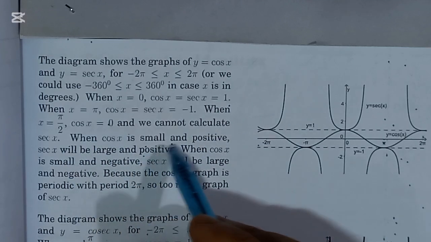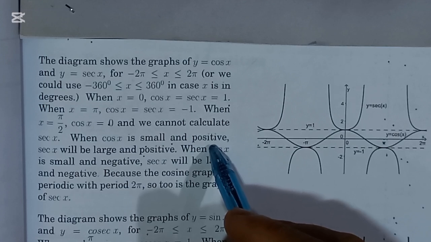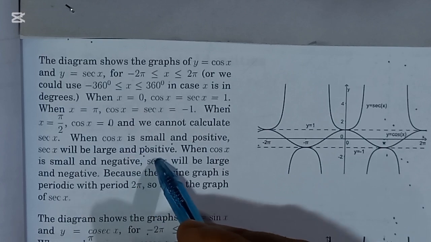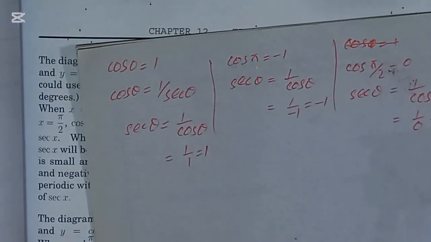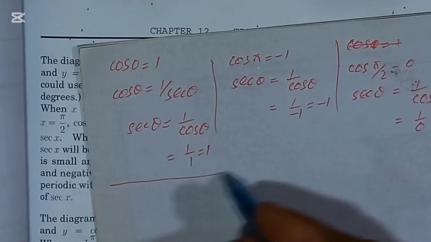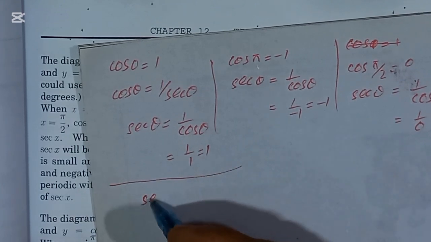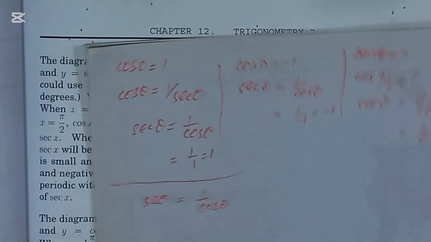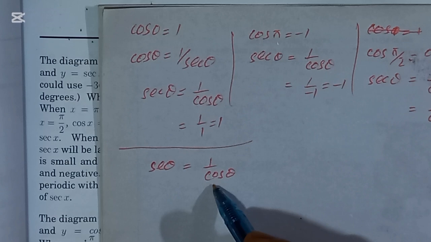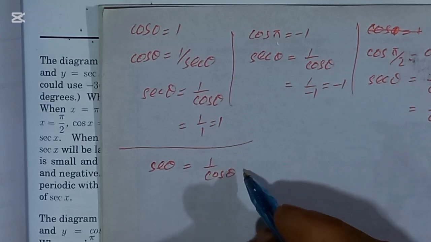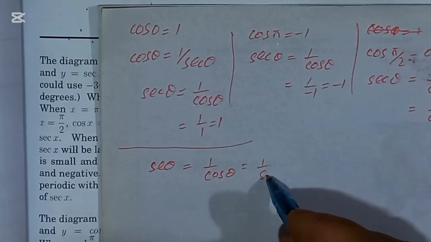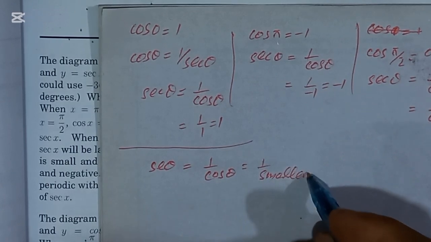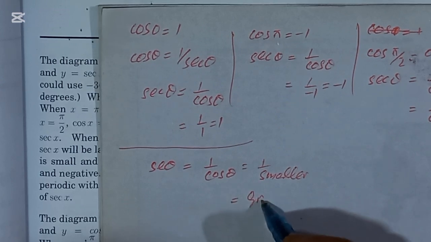When cos x is small and positive, secant x will be large and positive. Another concept is used here: secant theta is equal to 1 over cos theta, and because you are in A levels now, if we put a smaller value over here, 1 over smaller, the answer will be greater.